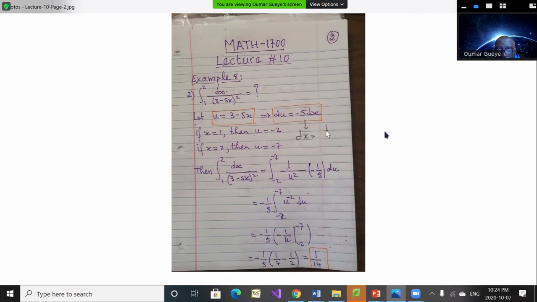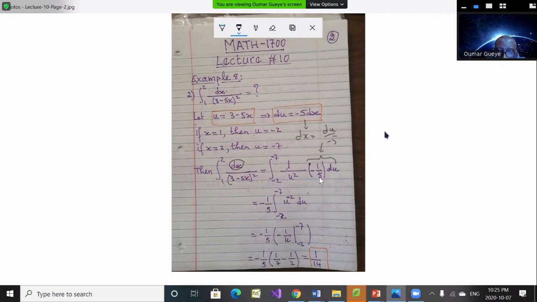So dx is going to be du over -5, and that's what I use here. I just substitute dx by its value, and I got 1 over u squared.